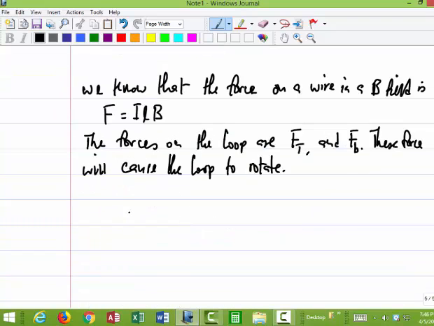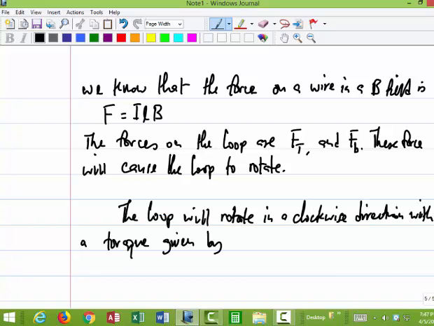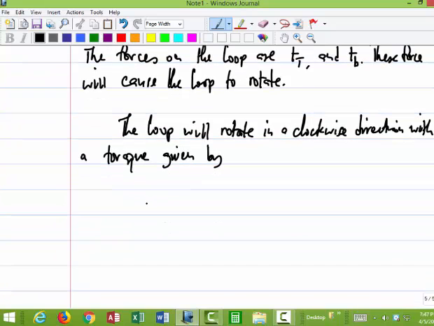So the loop will rotate in a clockwise direction with a torque given by torque net equal to torque at the top plus torque at the bottom, or torque due to the top force and the bottom force.